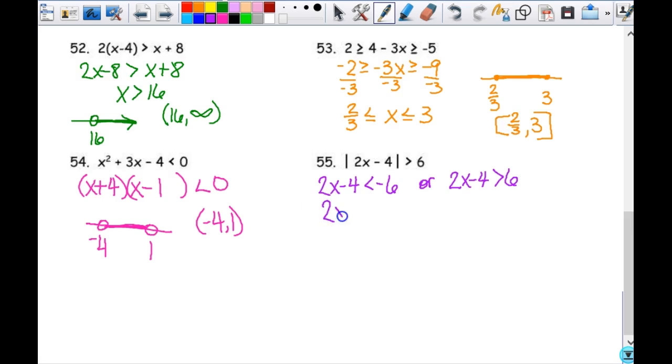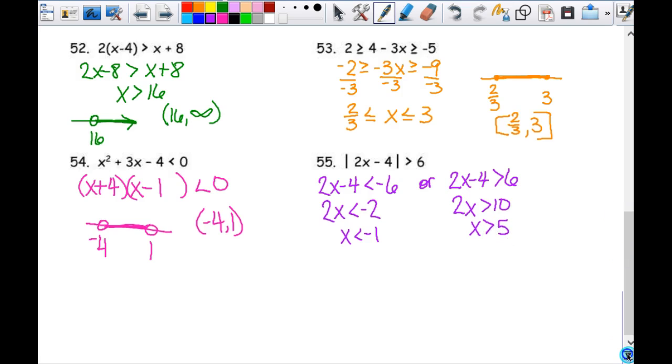So I get 2x is less than negative 2, so x is less than negative 1, or 2x is greater than 10, which means x is greater than 5.